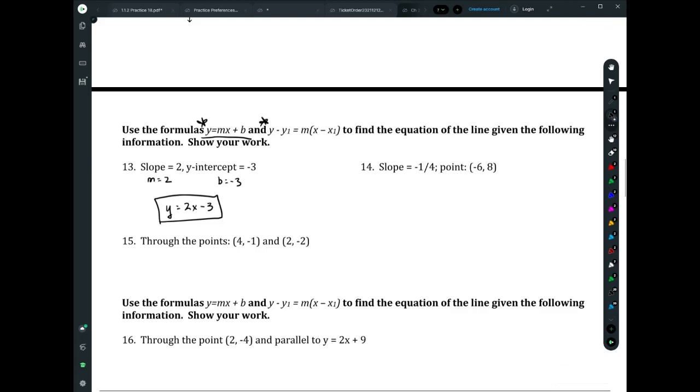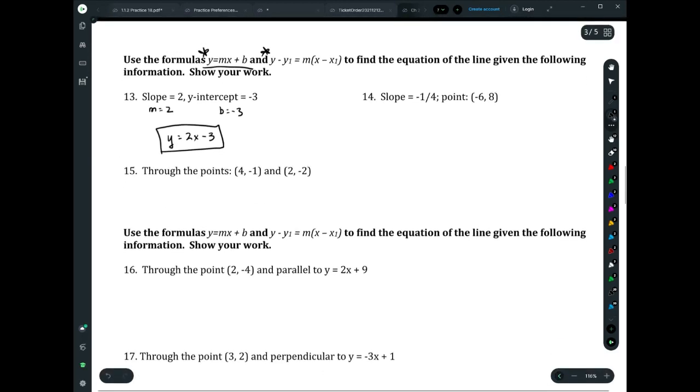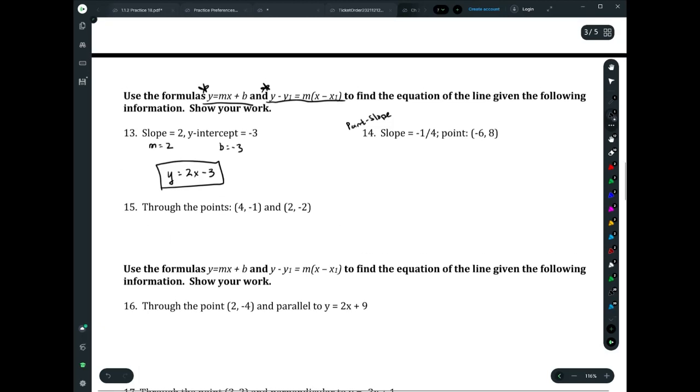If I give you a slope and a point, you need to use point slope, which is this formula, y minus y1. So y minus the y1 is 8 is equal to m, which is negative 1/4 times x minus negative 6.